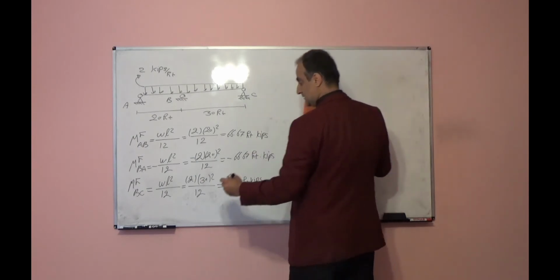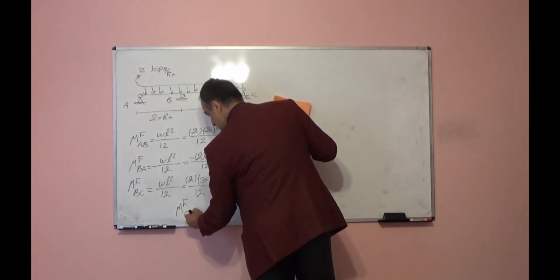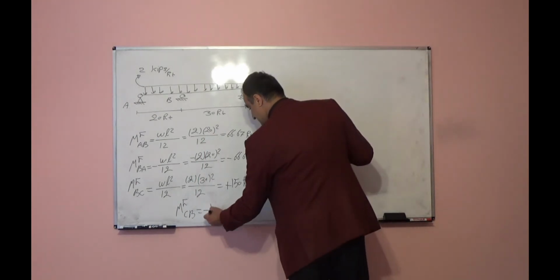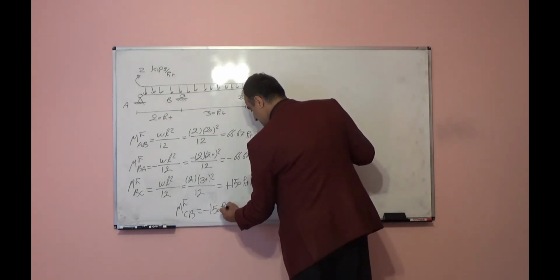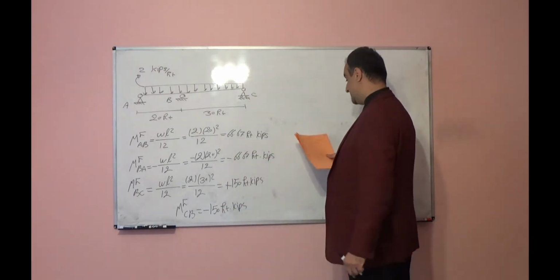And M fixed CB, the magnitude will be the same, but the direction will be inverse, negative 150 feet kips. So we found all fixed end moments.